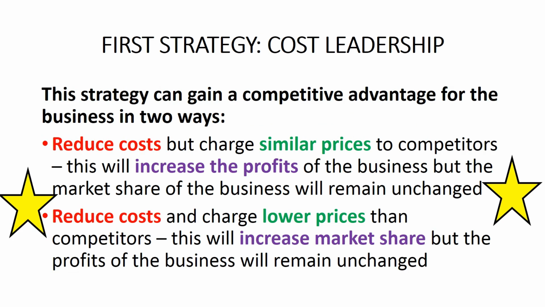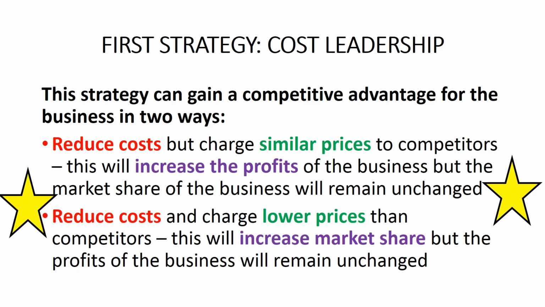There are two ways in which such a strategy can gain a competitive advantage for a business. The first way is that a business can reduce its costs but still charge similar prices to its competitors. If a business adopts this strategy, then what it will be doing is increasing its profits, but its market share will remain unchanged.